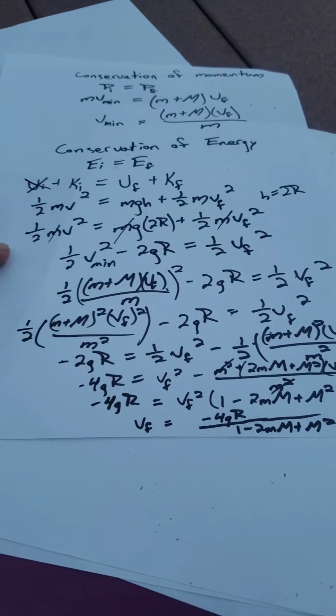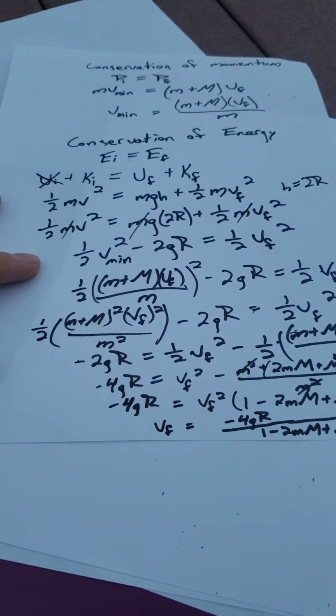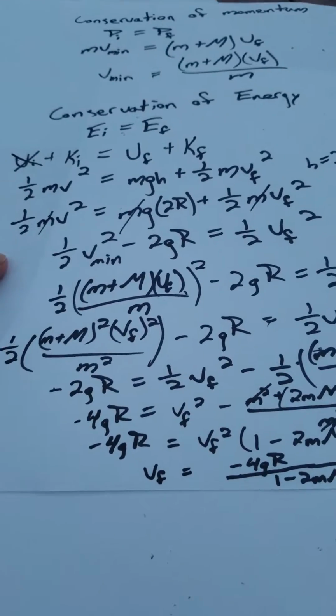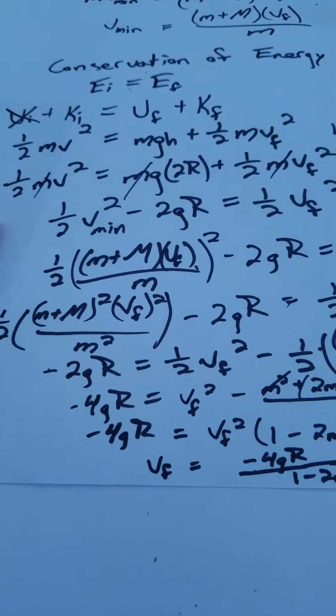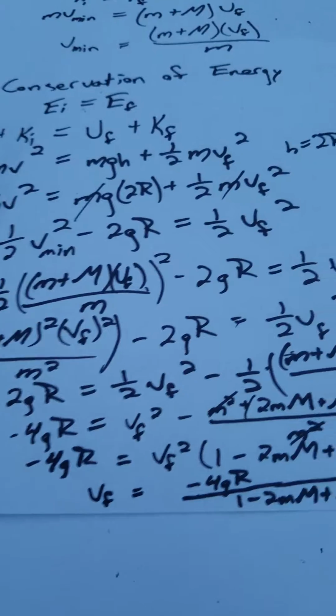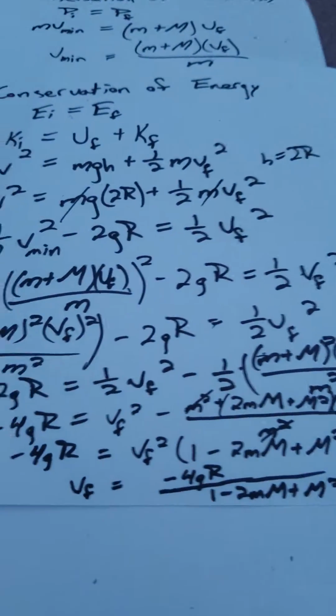Then you get 1/2 lowercase m plus capital M squared times vf squared over m squared, and that's just distributing the square, minus 2gr equals 1/2 vf squared.